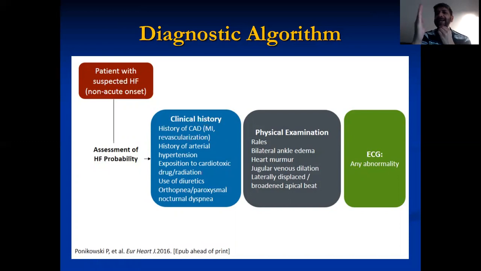If this NT-proBNP is negative, that is, the level is below certain limits, then you have excluded heart failure. And if it's positive, then you need LV function assessment, that is echo. So in this algorithm, the next step is BNP, and if BNP is positive, then echocardiography, and then further specific investigations according to your preliminary assessment.